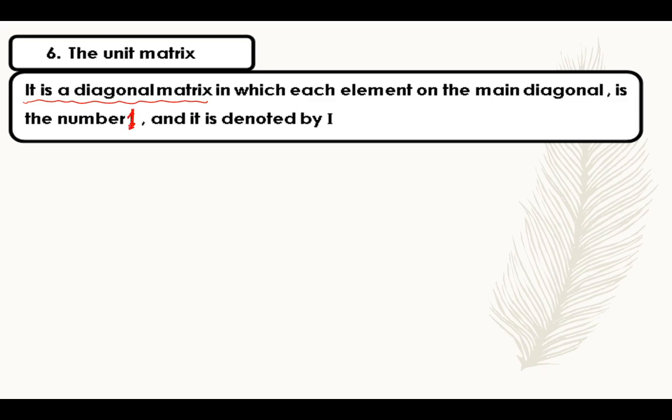It is denoted by capital I. We can name it the identity matrix, and this is one of the important matrices.